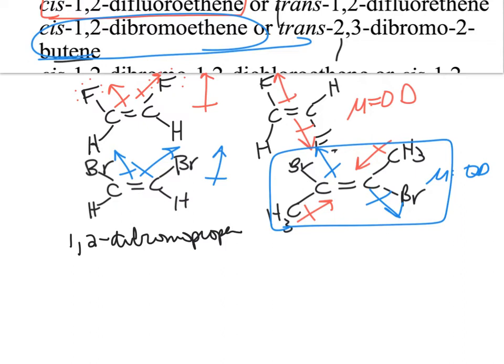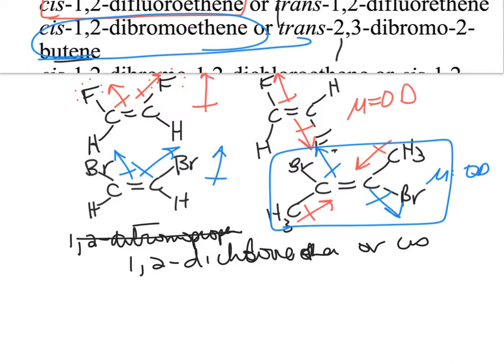So actually, I think that's not right. 1,2-dichloroethene, or cis 1,2-dichloroethene.